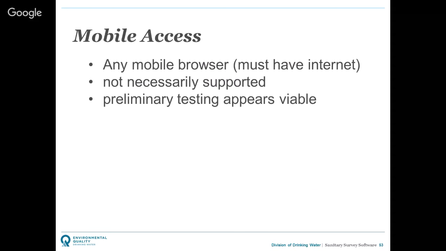Mobile access. If you have any kind of mobile device, it has to have internet, and you use your mobile browser. This isn't necessarily supported. It wasn't designed for mobile access, but it looks good.